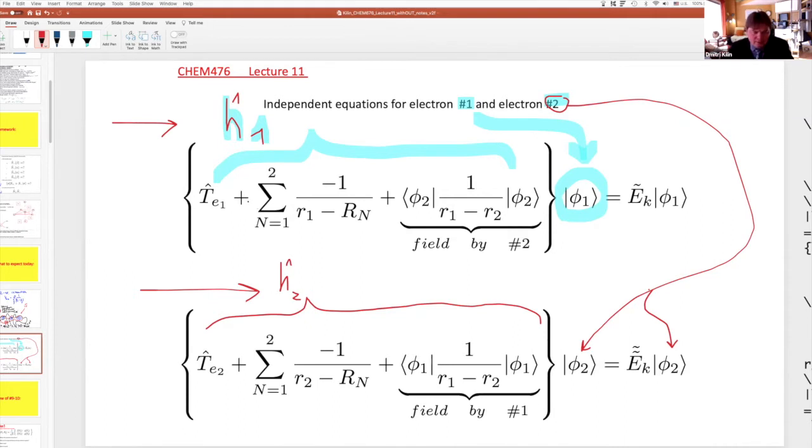So this particular Hamiltonian for electron 1 includes the kinetic energy of the first electron, then the attraction of the first electron with all nuclei, and then there will be a very specific object that shows how electron number 1 is affected by electron number 2.